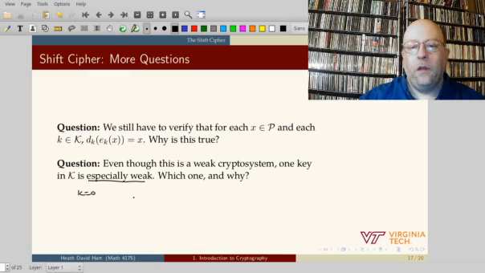K equals 0, I can run this through the crypto system. I can add 0 to my message. I can subtract 0 from my message. Bob is able to decode what Alice sent him, but no encoding actually ever happened. This one is especially weak because no encryption takes place.